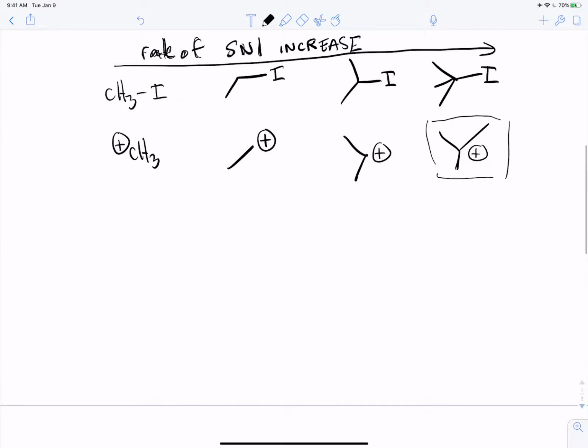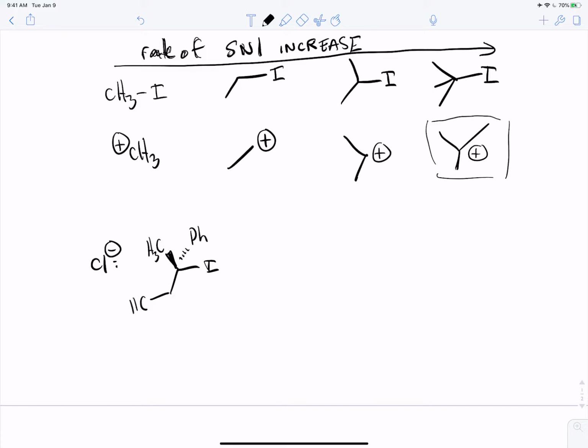All right, so this is another way that you'd be able to differentiate between these. In SN2, we could look at the stereochemistry, and we know that if it's SN2, we expect the stereochemistry to get completely inverted. In an SN1 reaction, what do we expect to happen?